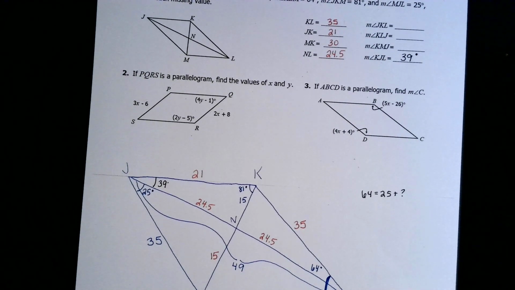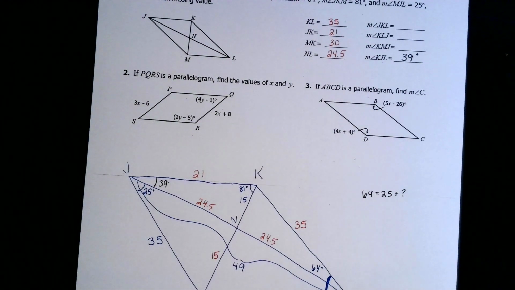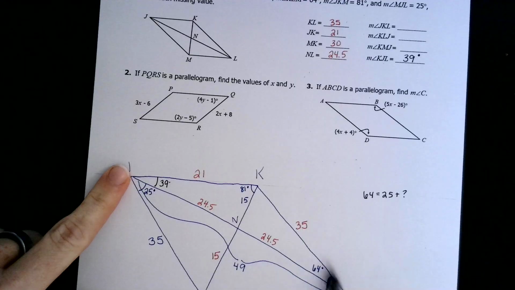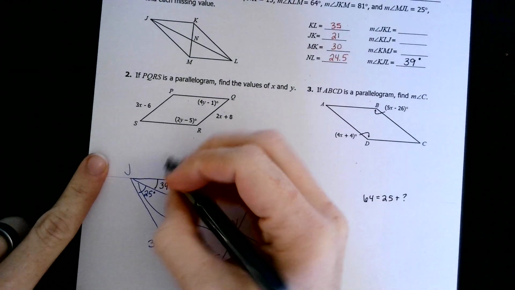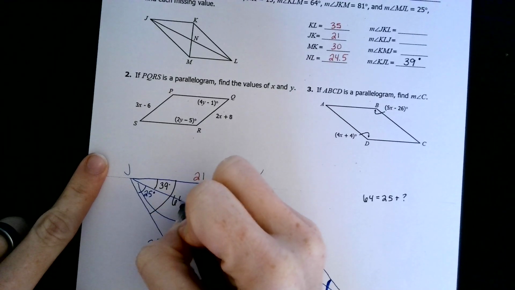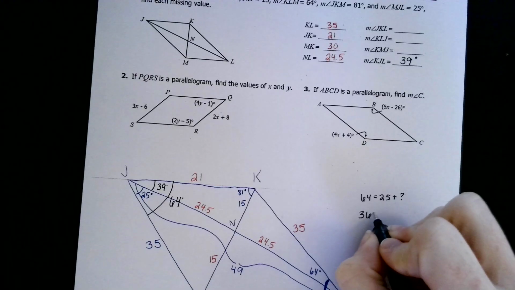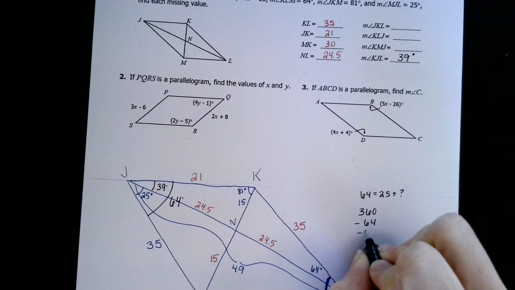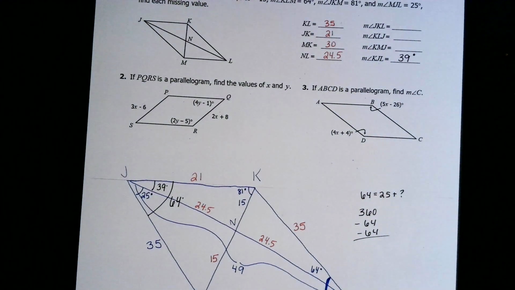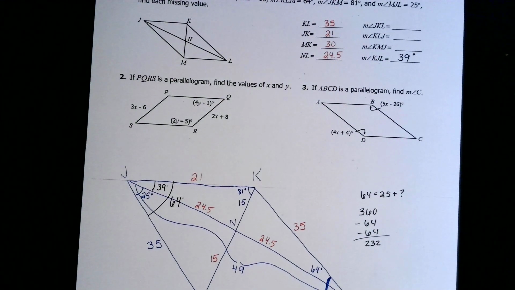Let's see what else we need. We need JKL. That's this whole angle here. So let's see how we can figure that out. So we have 64. This is 64. The angles inside a quadrilateral are 360. I have two of them at 64 degrees. So we got 360 minus 64 minus 64 is 232.